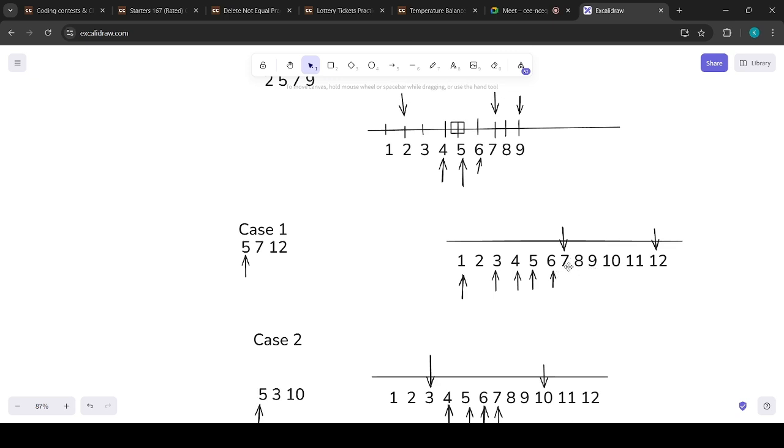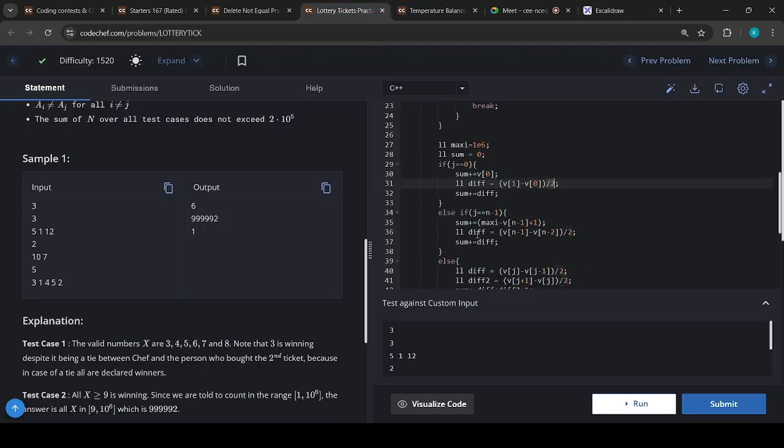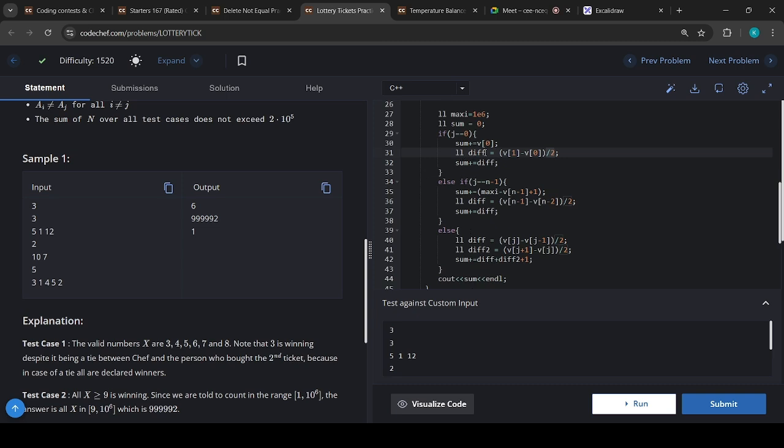If we take 7 minus 5, which is 2, divided by 2, so we can take only one number between 5 and 7. And we add that many numbers into our answer.